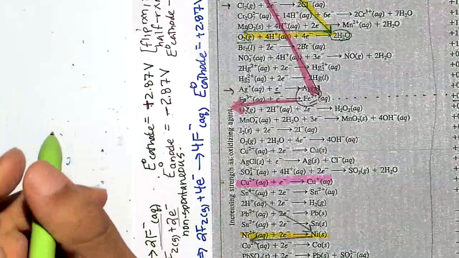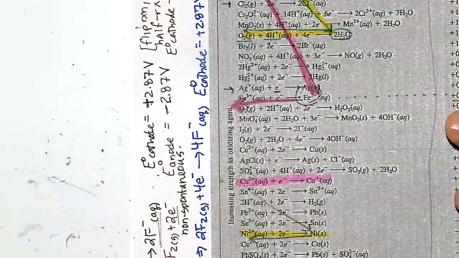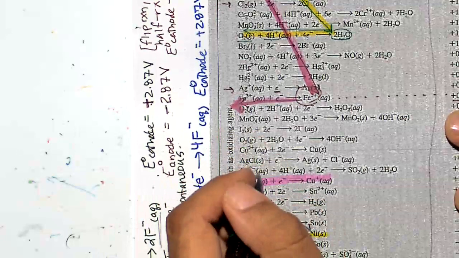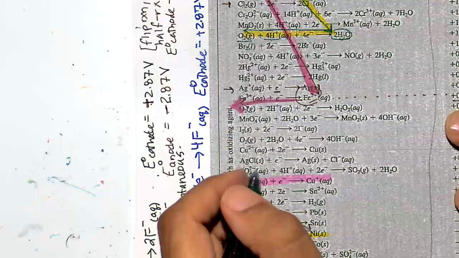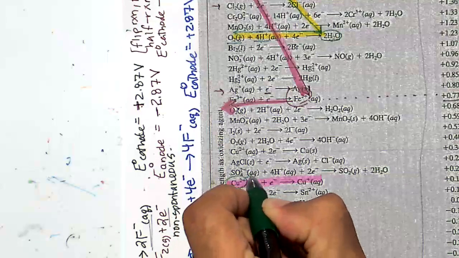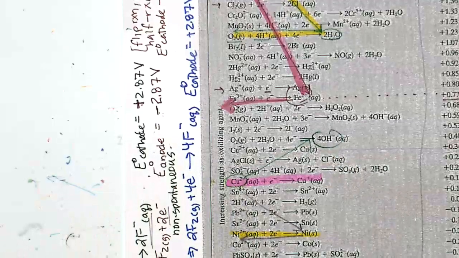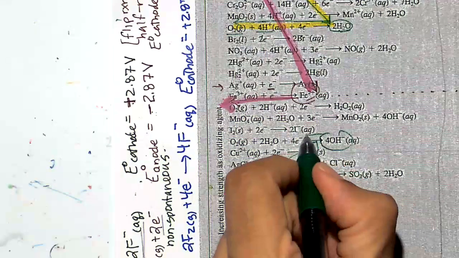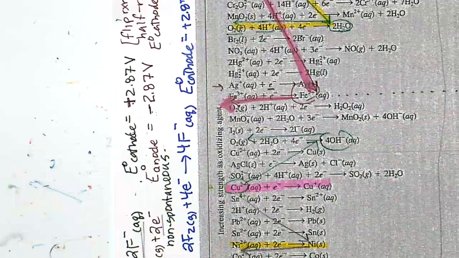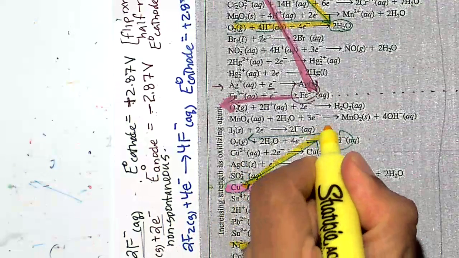All right, so let's go over this again. Can this same copper oxidize 4OH minus, hydroxide, to O2 gas?